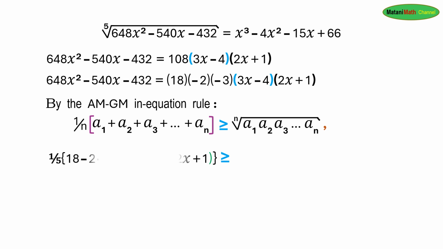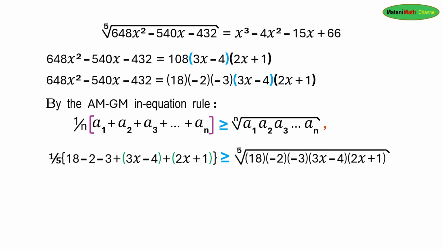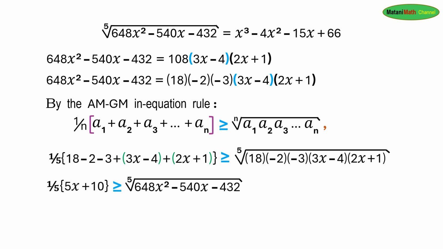So in this case, 1 by 5 times 18 minus 2 minus 3 plus 3x minus 4 plus 2x plus 1 greater than or equal to the fifth root of 18 times minus 2 times minus 3 times 3x minus 4 times 2x plus 1.